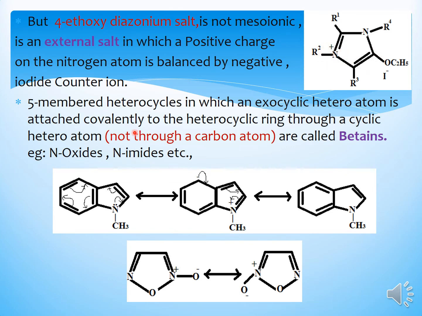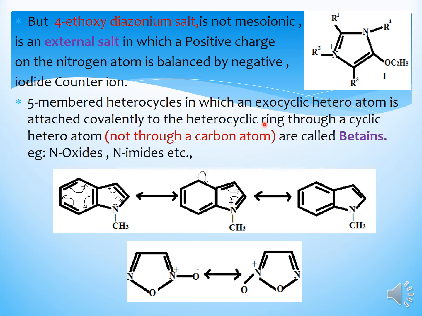Okay, and then moving on to the next point, that is, what are betaines. This definition they can ask for 2 marks. So betaines are nothing but the 5-membered heterocycles in which an exocyclic heteroatom is attached. Here what happens is, in the cyclic heteroatom structure, okay, it should not be the carbon atoms which has to be attached.